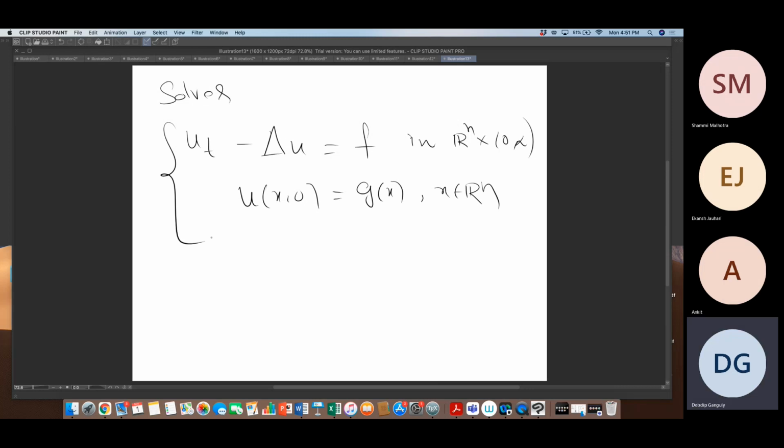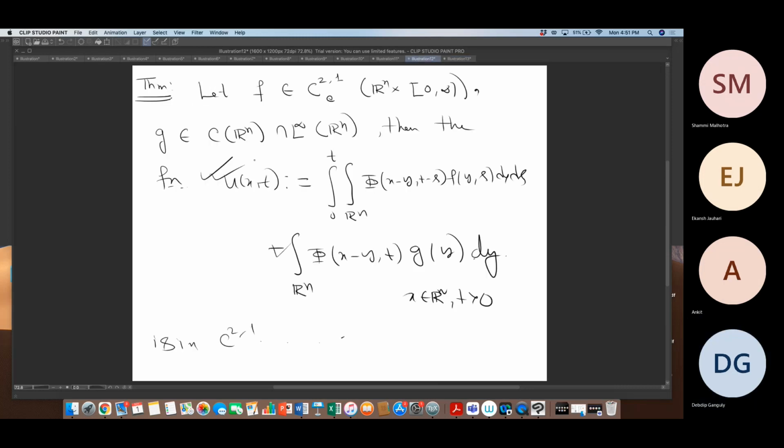So this u(x,t), the integral from 0 to t over R^n of the fundamental solution phi(x,t) with g(y), will solve this.